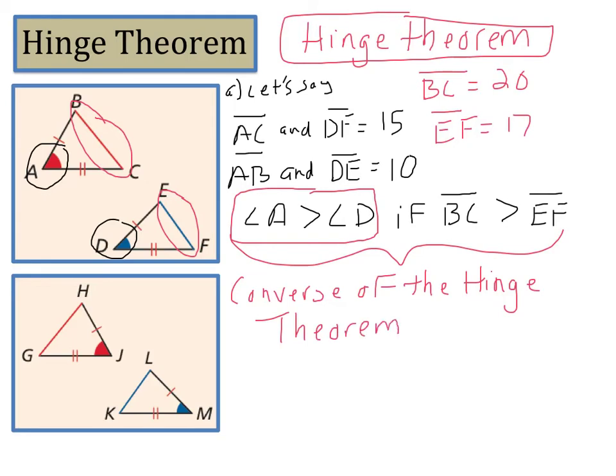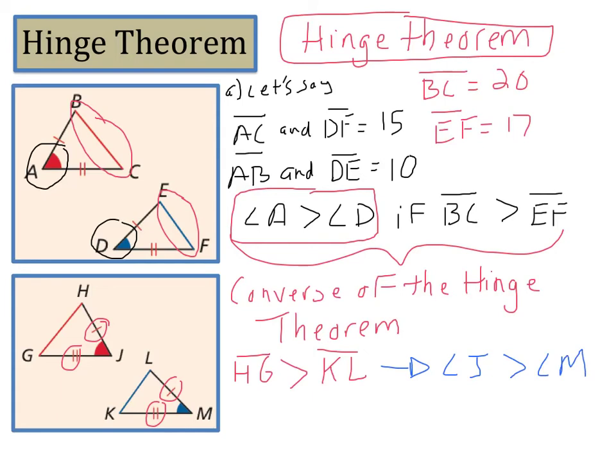So for this theorem, if we know, for example, that HG is greater than KL, and we know that this side length and these side lengths are congruent, and these ones as well, then we can conclude that angle J has to be greater than angle M.